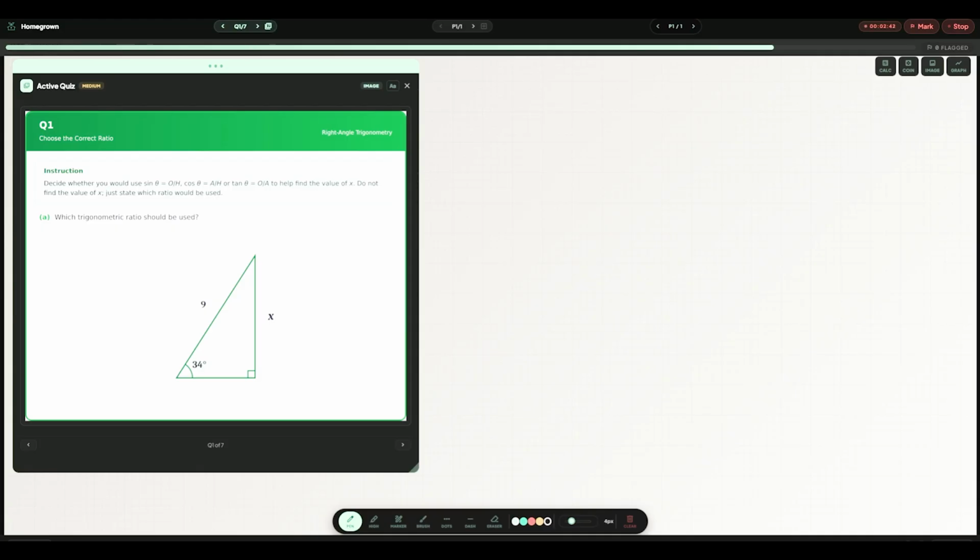So let's get started. In our triangle, we have this unknown value x, we have our angle that we're interested in, 34 degrees, and we have our hypotenuse, which is 9.